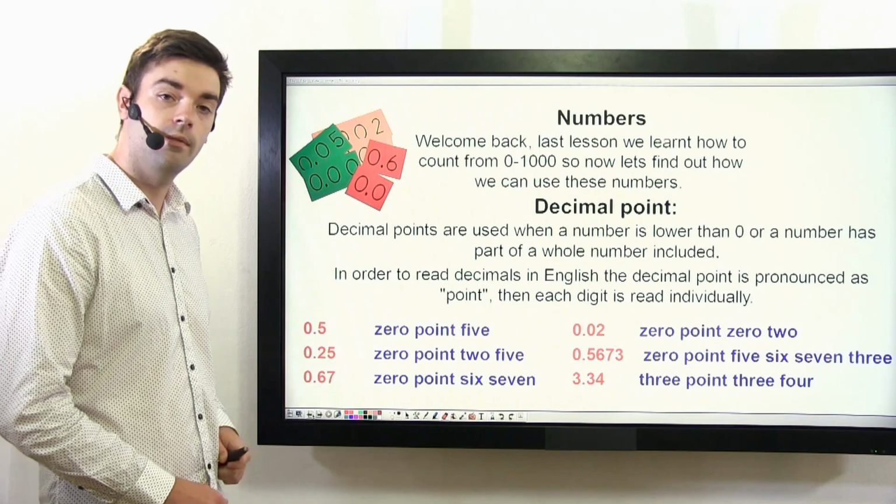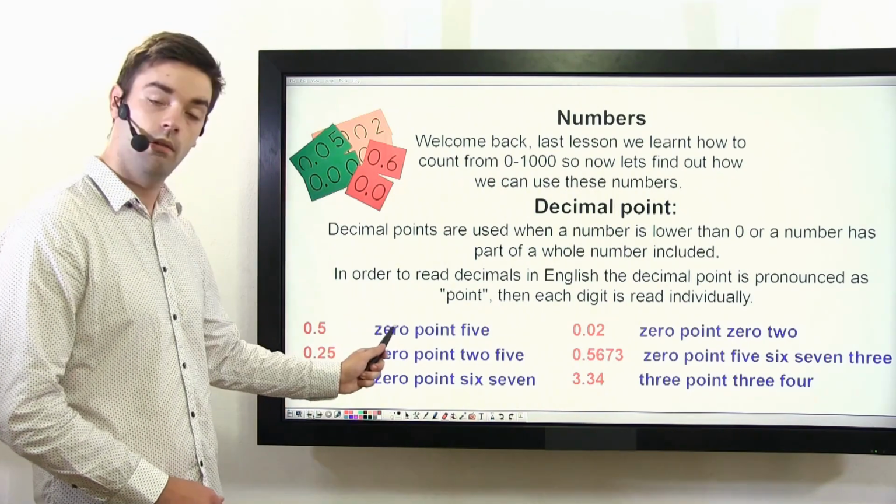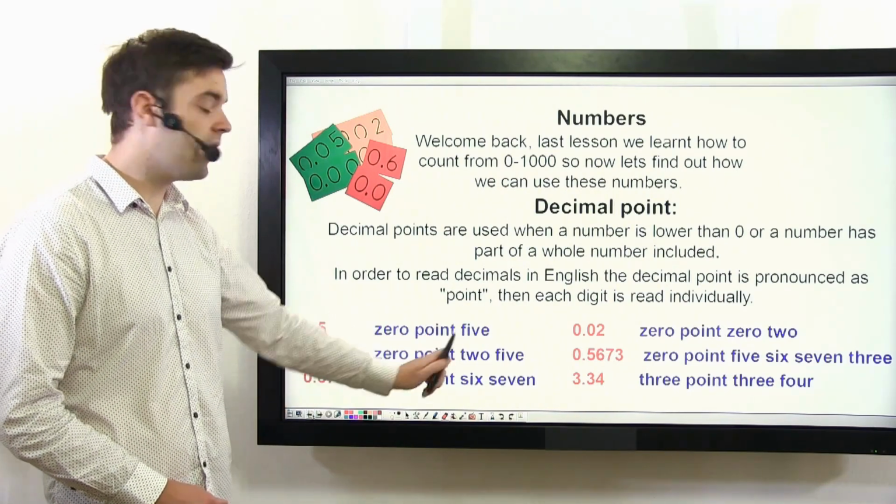Is pronounced as just point. Look, here we have 0.5. 0.5.